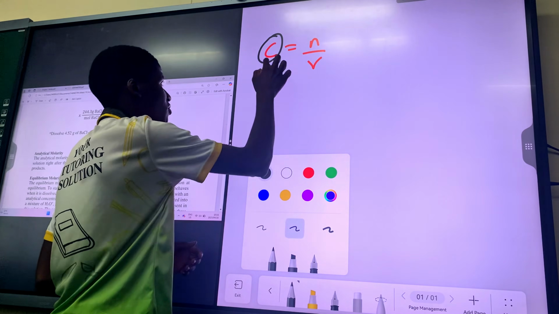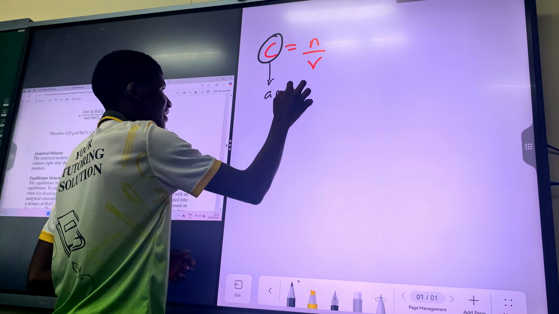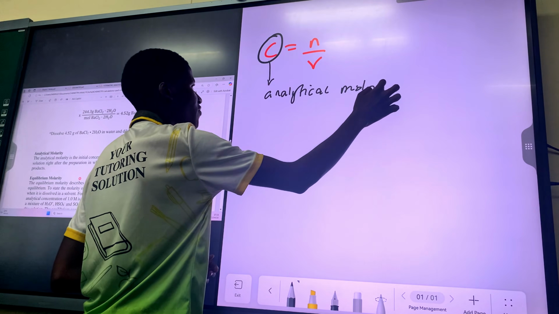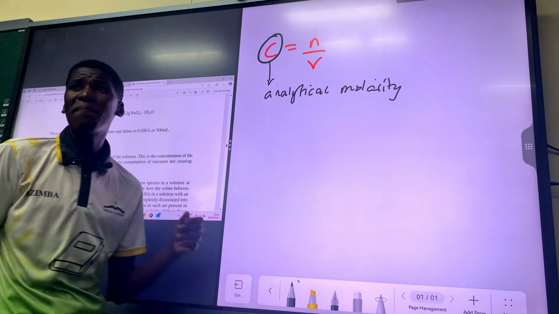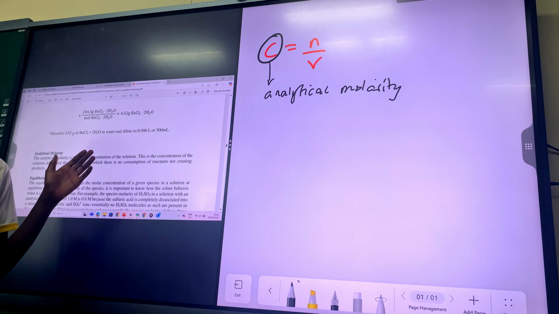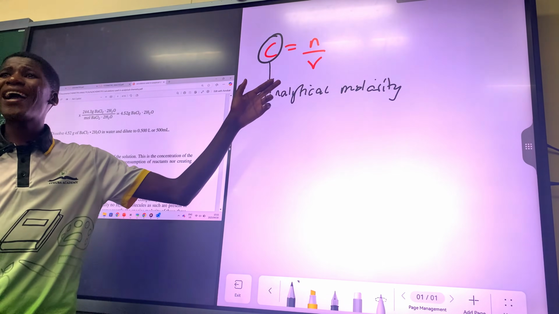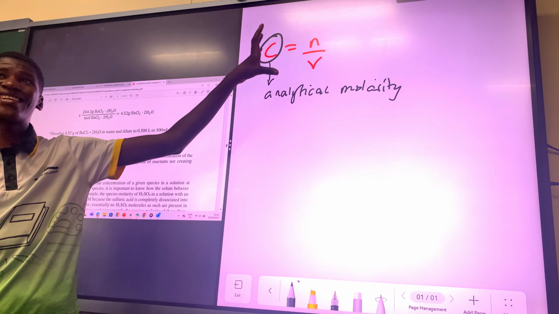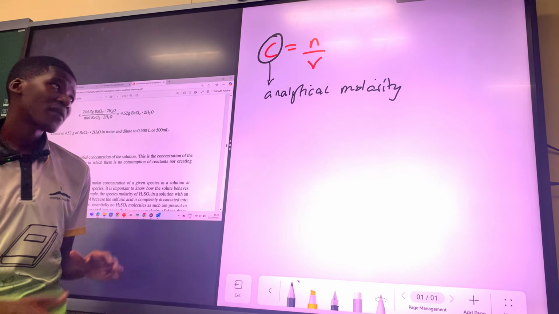So whenever they give you the number of moles or the mass and you must calculate analytical molarity, don't overthink what is analytical. Go ahead and find the number of moles, put the volume, you get the concentration. That's known as an analytical molarity.